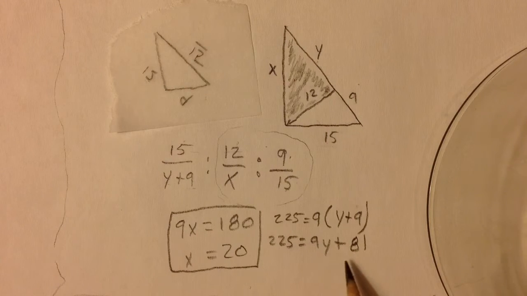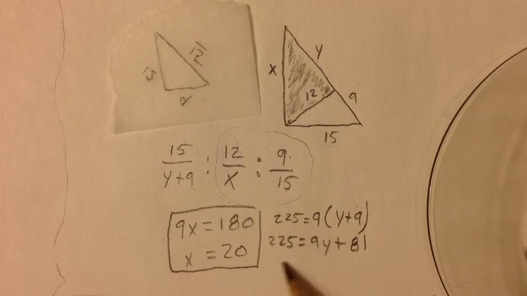Now I'm going to reduce that from 225, and bring my 9y over here just to make it look prettier. So 225 minus 81 equals 144. 9y equals 144. Sorry, running out of room. That ran into my y.